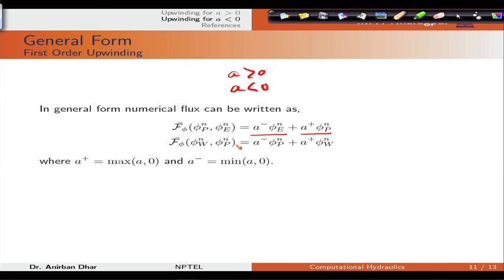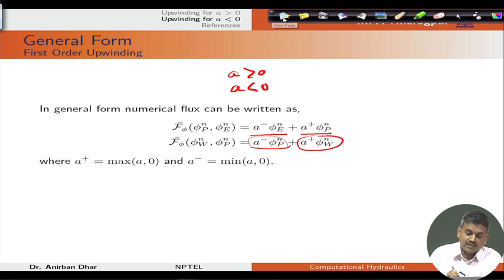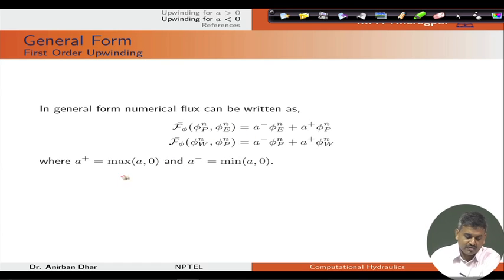In this case, for W phase, if it is our negative direction, we should consider P cell value. At W phase, if we have a positive direction, then we should consider W cell value. So, this is the general format, but what is the interpretation of this?